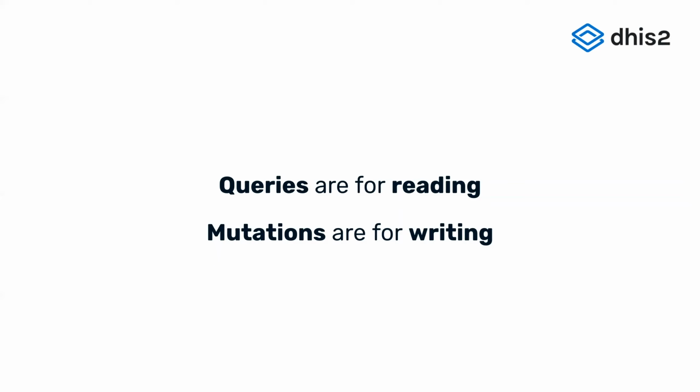So queries use a GET request for REST API, and mutations use basically all the other request types. So put, patch, post and delete requests across the network, if you're familiar with REST API terminology.